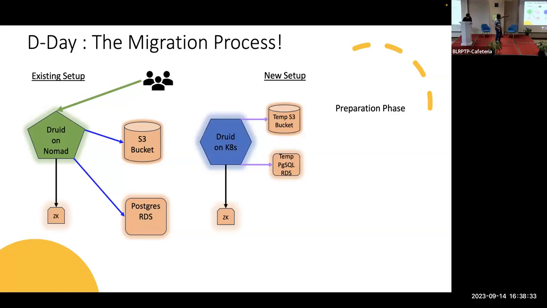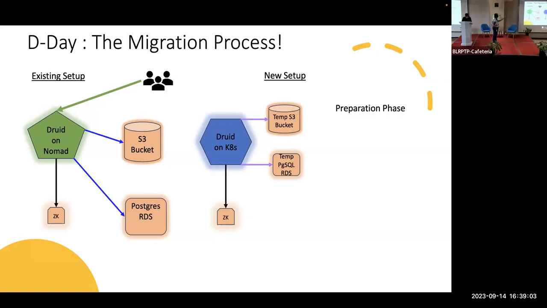One important factor here is that the Druid deployed on Kubernetes is connected to a temporary newer instance of an S3 bucket and RDS, along with Zookeeper. Why is this required? Since this is a preparation phase, we need this to verify the functionality of Druid on the day of migration. Using these components, you can verify that your Druid is working for every read, write, and query path.